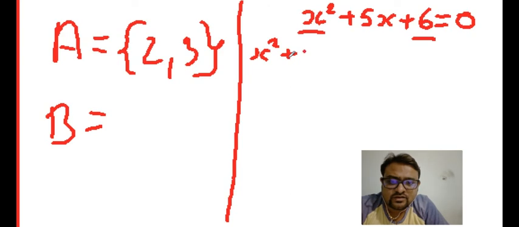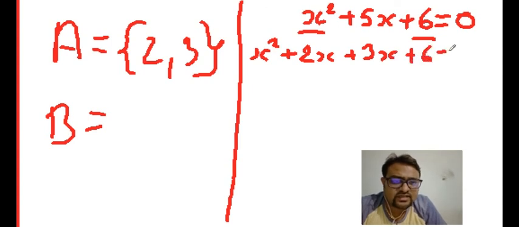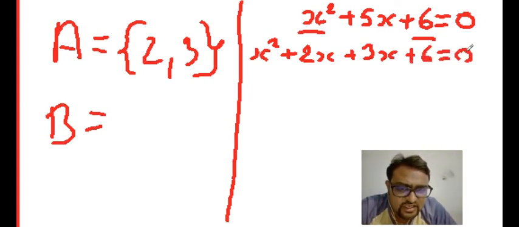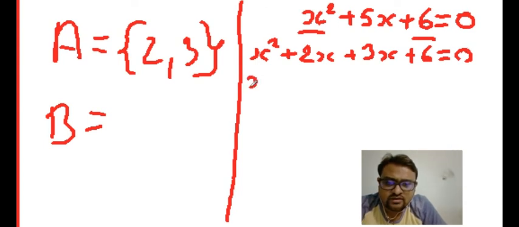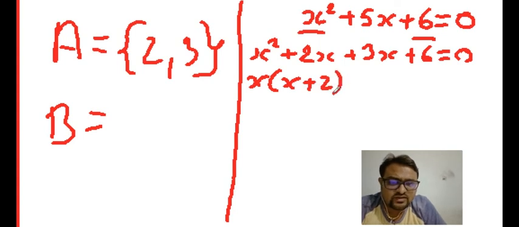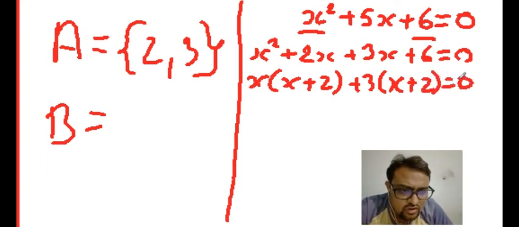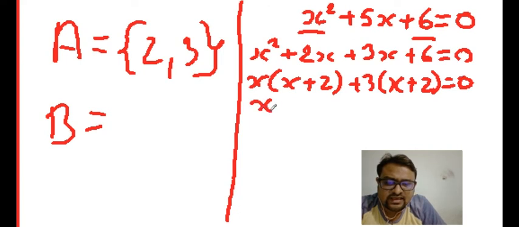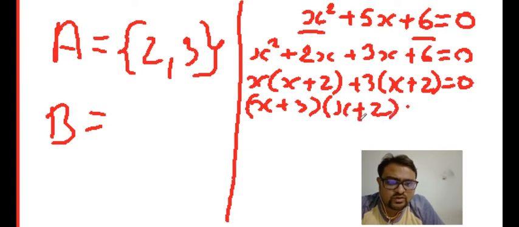x square plus 2x plus 3x plus 6 equal to 0. So now I am taking x common. So it's x into (x plus 2) plus 3 common, (x plus 2) equal to 0. That means (x plus 3) into (x plus 2) will be equal to 0.